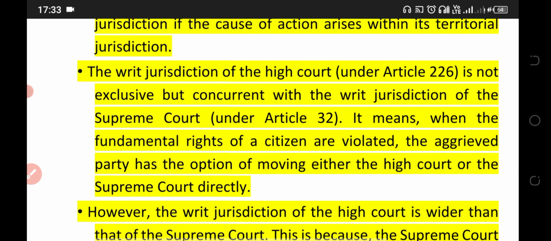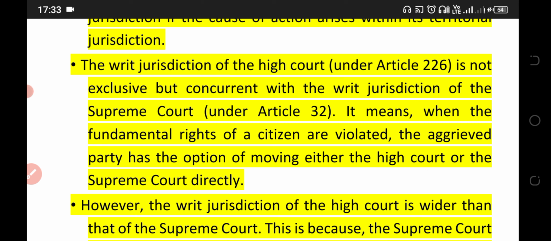The writ jurisdiction of the High Court under Article 226 is not exclusive but concurrent with the writ jurisdiction of the Supreme Court under Article 32. It means that when the fundamental rights of a citizen are violated, the aggrieved party has the option of moving either the High Court or the Supreme Court directly.